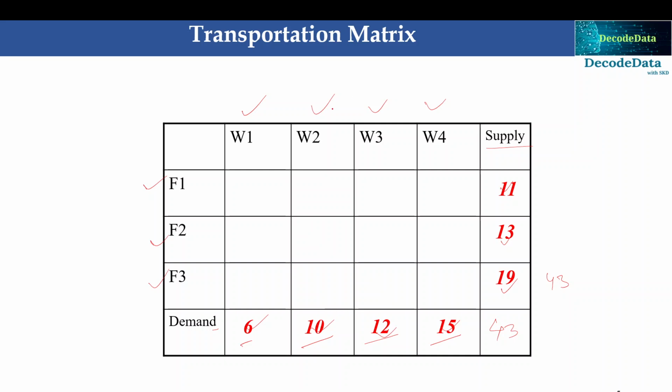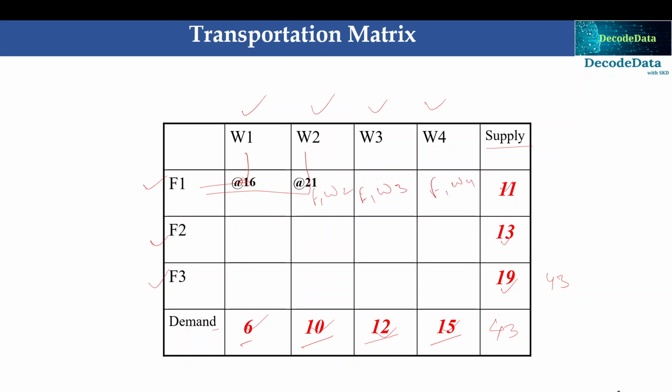Now, suppose I deliver from factory 1 to warehouse 1. Let's say I have to pay 16 rupees per unit. So if I transfer 10 units, 16 into 10, I have to pay 160 rupees. Similarly, this is factory 1 to warehouse 2, factory 1 to warehouse 3, and factory 1 to warehouse 4.